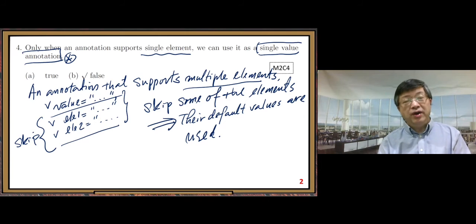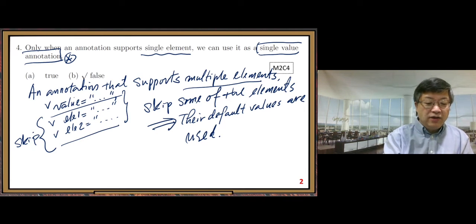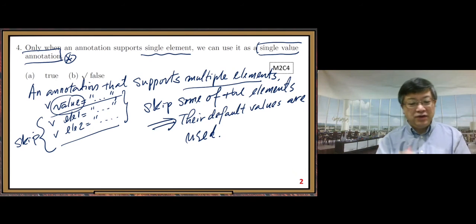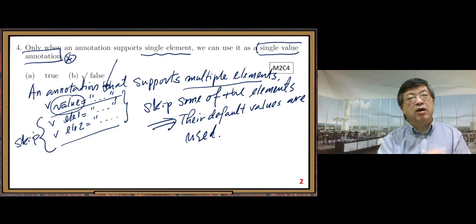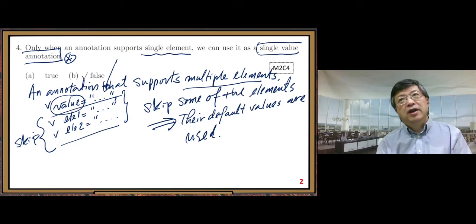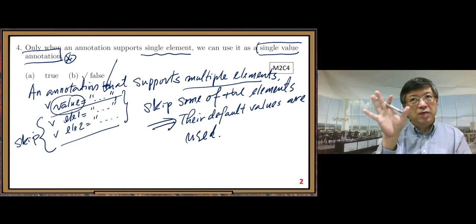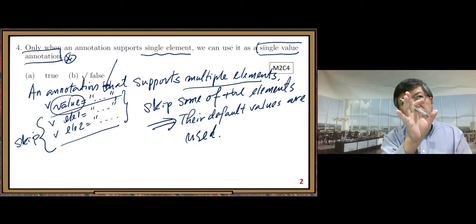But this annotation, we know, supports multiple elements, not just a single element. So in that case, this value attribute can be omitted. You just put the value, the double quotes, the value part. Then the processing tool knows, because you skipped the attribute name, this part is supposed to be used for the value element.